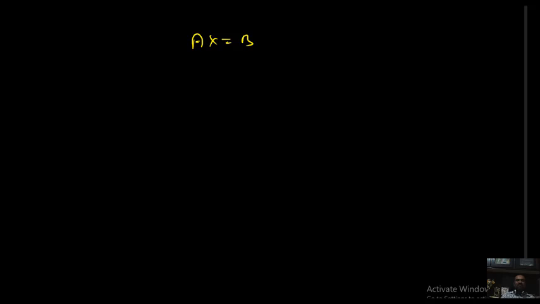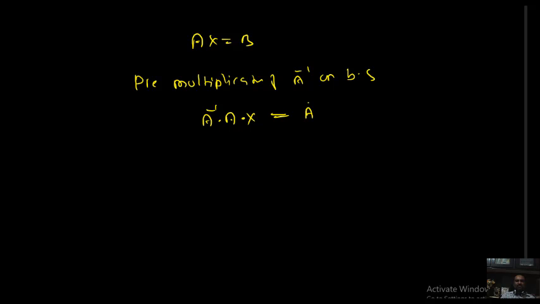Pre-multiplication of A inverse on both sides. So A inverse into A into X equal to A inverse into B. Friends, the matrix product of matrices will satisfy the associative property.